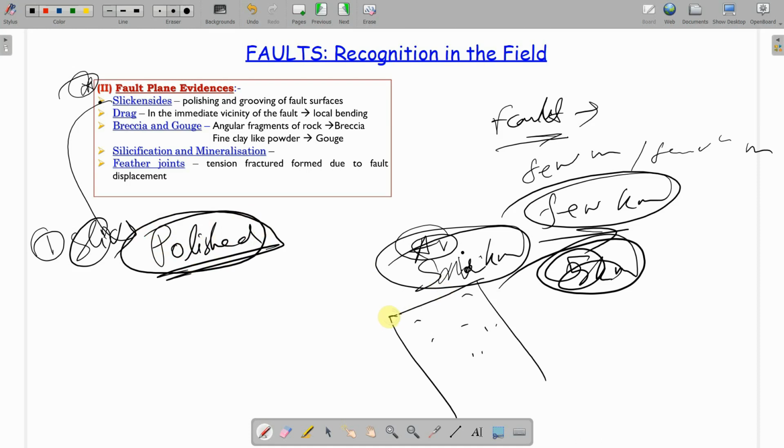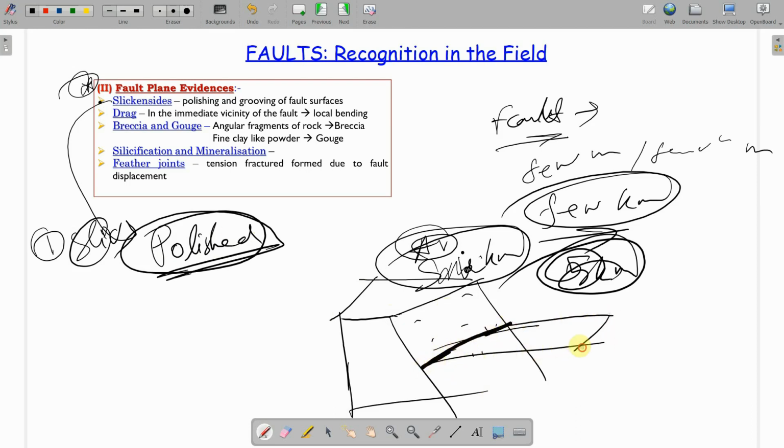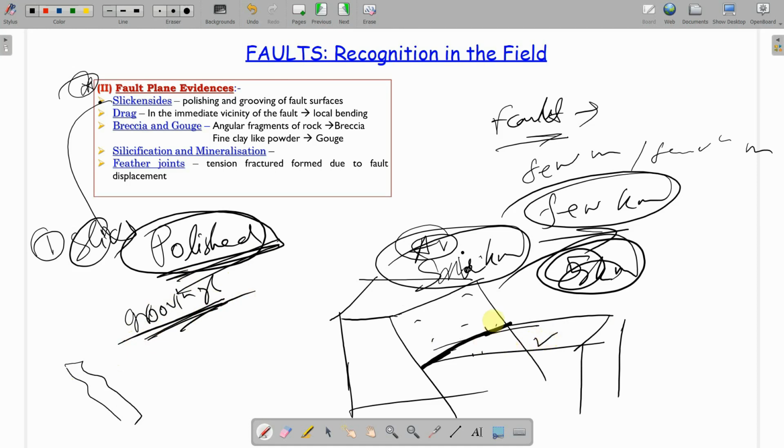Another, there will be grooving marks, dragging marks, stretching marks, and those grooving marks will be deeper, let's say 1 foot, 2 feet or more. These grooving marks will be there because this block, the hanging wall block, is not smooth as I'm drawing.